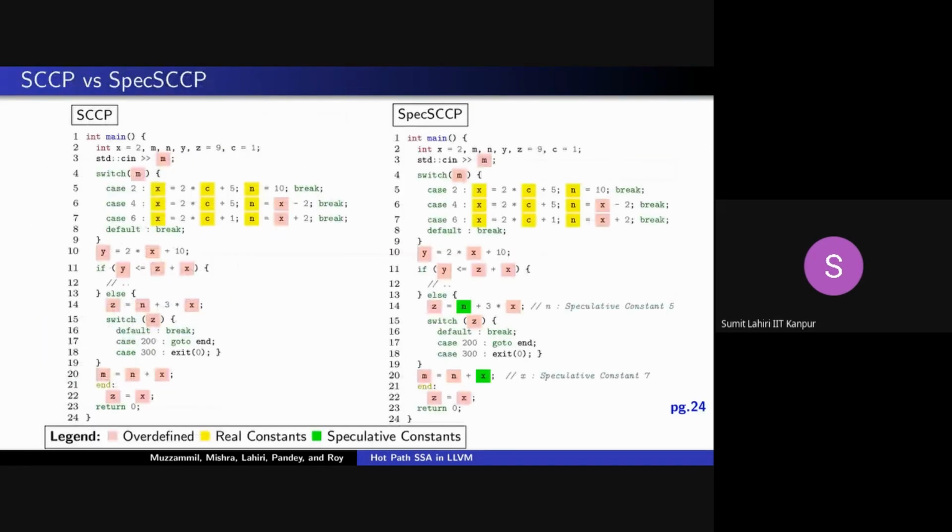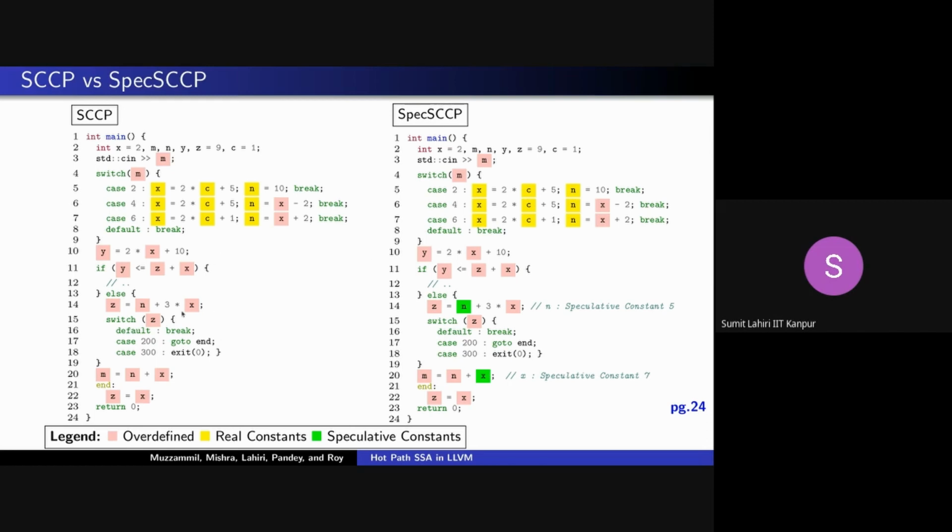So what is the difference between the normal SSCP and speculative SSCP? SSCP is a way of identifying constants in the program. I'll get into the details of what speculative SSCP is in a moment, but as of now, there are two programs, one on the left and the other on the right.